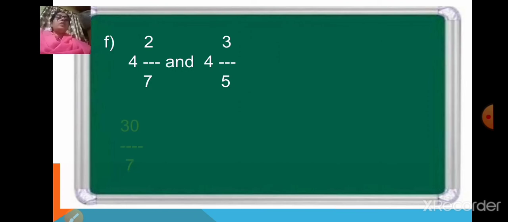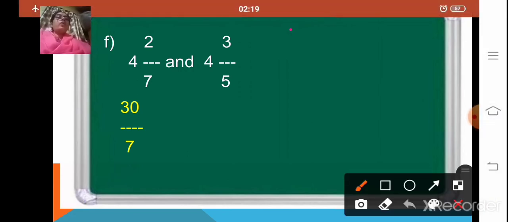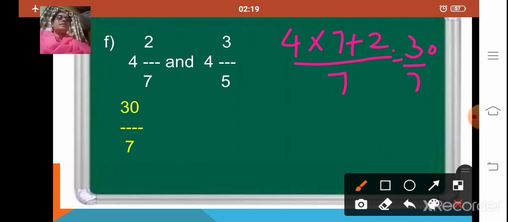So to convert 4 2 upon 7 into an improper fraction, how will you convert it? That is 4 into 7, whole number multiplied by the denominator, plus 2 upon 7. So 4 7s are 28 plus 2, that will give you 30 upon 7.